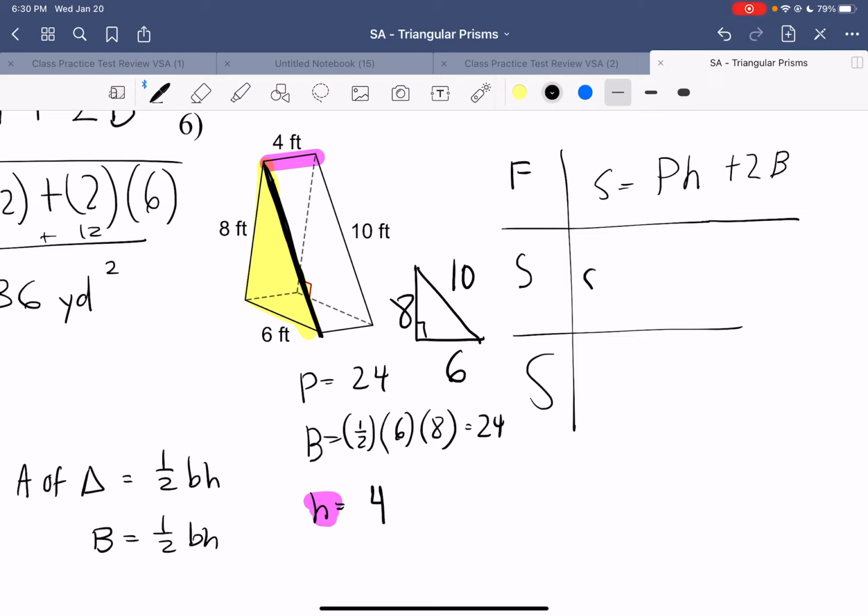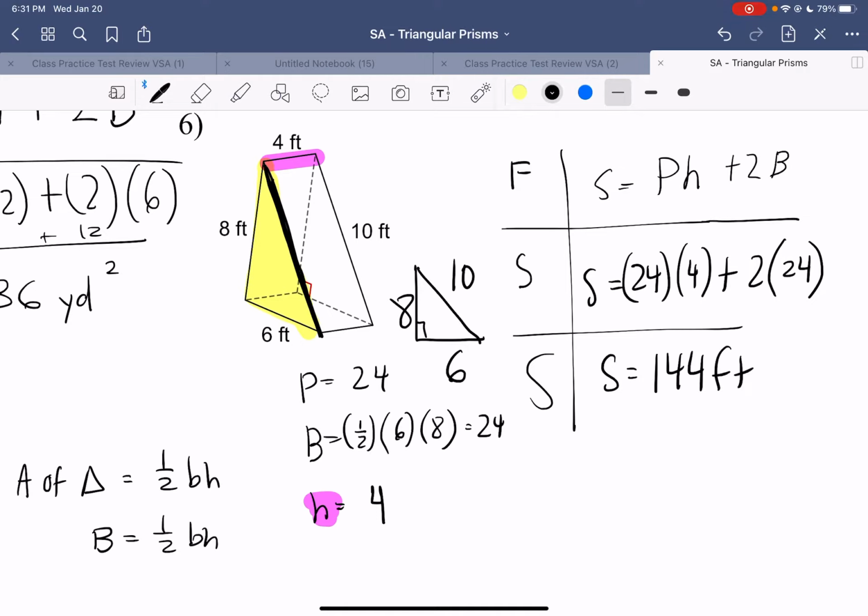That leads us to 24 times 4 plus 2 times 24. Then we can solve that. So 24 times 4 plus 2 times 24 gives us a surface area of 144 feet squared.